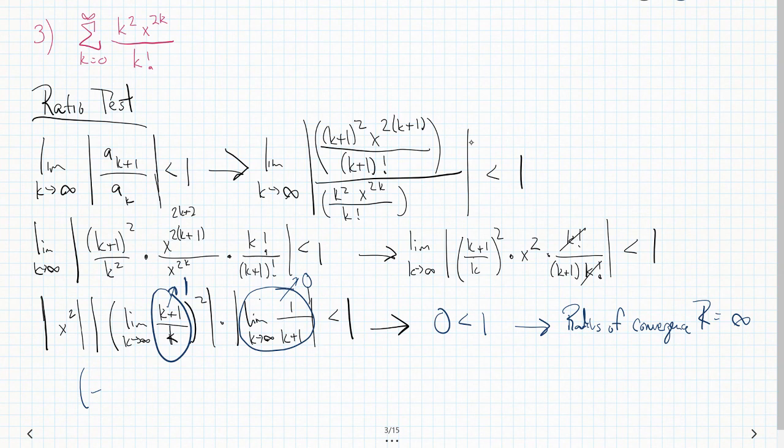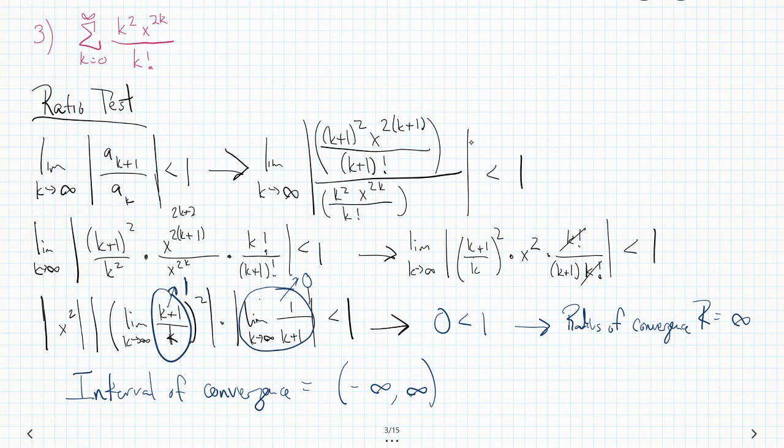Well, that means the interval, and actually I'll write interval of convergence, goes from negative infinity to positive infinity, and you're done. Anytime you have a radius of convergence equal infinity, that means the interval of convergence is all real numbers. So that means this series will always converge for every single real number.